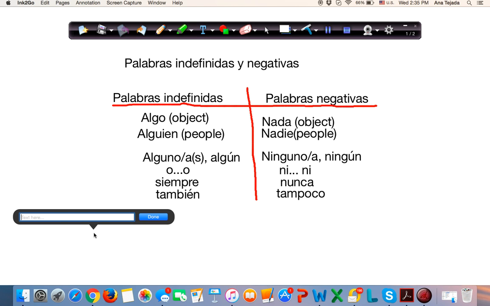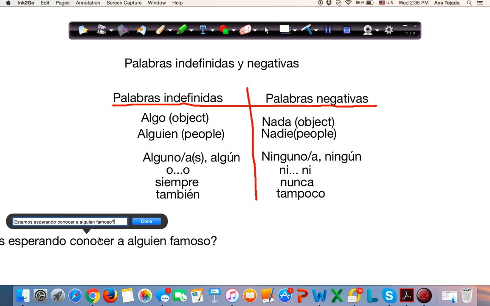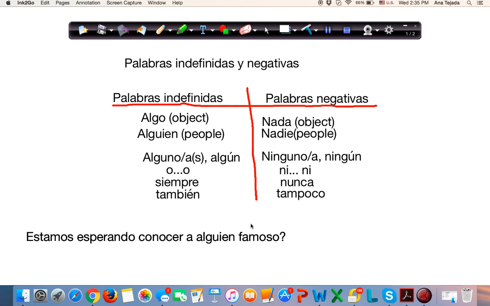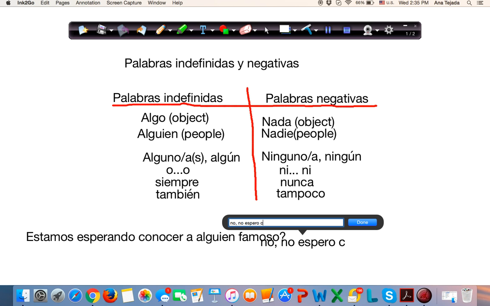We have: Estamos esperando conocer a alguien famoso. And: No espero conocer a alguien famoso.